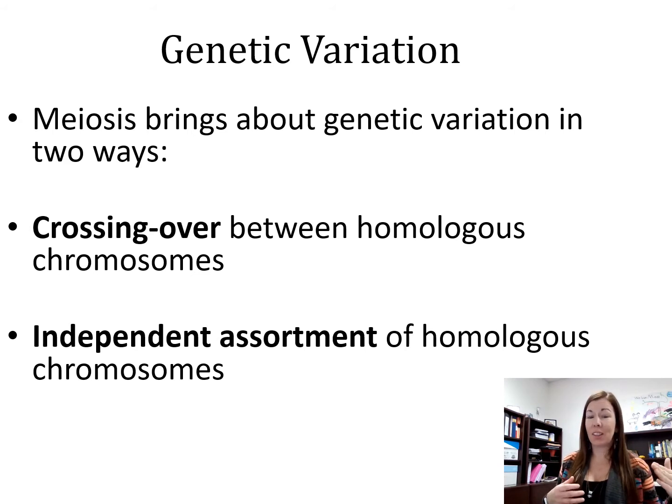However, in addition to that, there are other things that happen during this process that bring about variations in genes. One is crossing over between homologous chromosomes, and 2 is independent assortment of homologous chromosomes. And we'll talk about those.